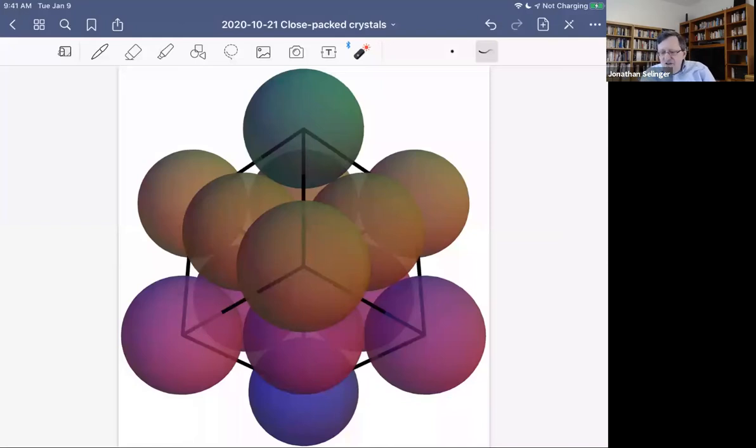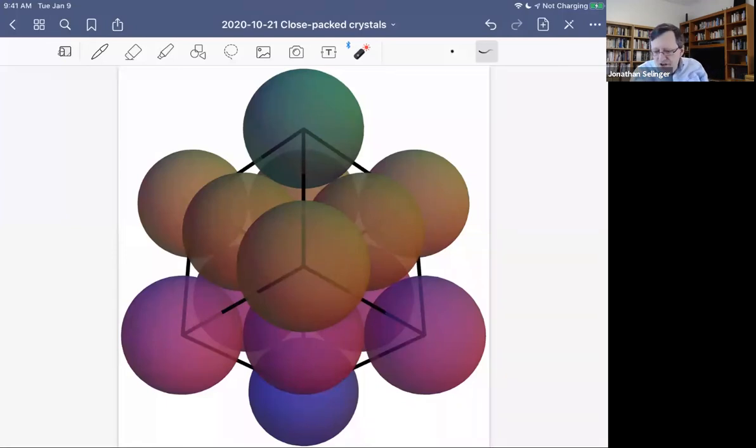In the FCC lattice, you get a kind of repetition where the oranges in layer number 4 are directly above the oranges in layer number 1. And then layer number 5 is above layer number 2. So of the 3 sets of positions, it would be going from layer to layer, A, B, C, A, B, C, repeating periodically like that.